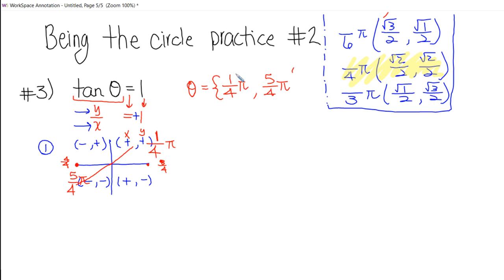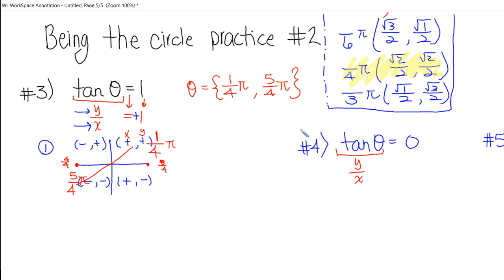Now let's go through one more example, and I hope this will help you guys out. Number 4 is still tangent, but I want to know when this equals 0. And let's do another one simultaneously: when tangent of theta is undefined. Once again, we're going to talk about what tangent is. Tangent is y over x.